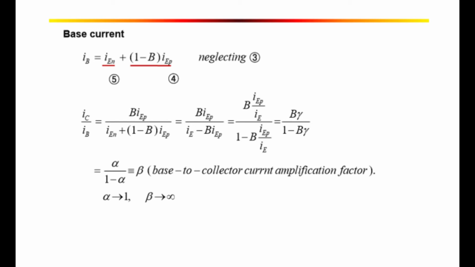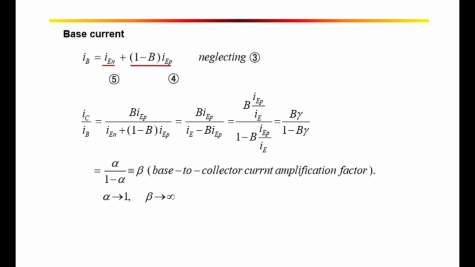So the denominator becomes the total emitter current minus the base transport factor multiplied by the hole contribution in the emitter current. Now if we divide this whole equation by the total emitter current, we get such a relation. And we know that the ratio of the hole emitter current to total current is the emitter injection efficiency, so we can write it as gamma.